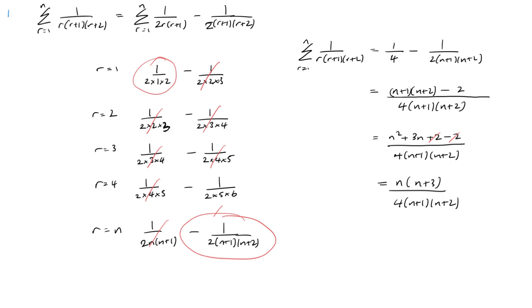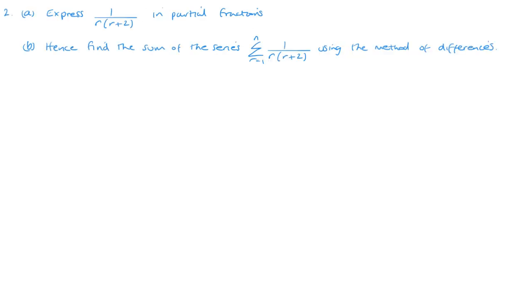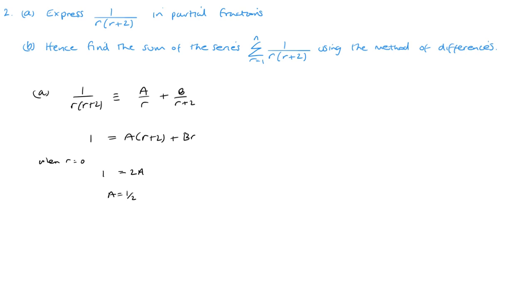Now let's have a look at question 2. So first part is express as partial fractions. So that's going to be a over r plus b over r plus 2, which is going to be 1 equals a(r plus 2) plus br. When r equals 0, 1 equals 2a, so a equals a half.